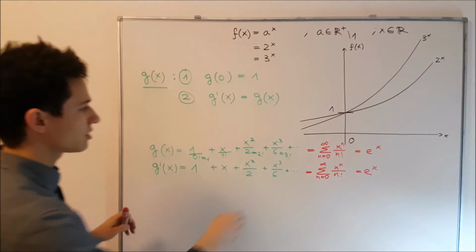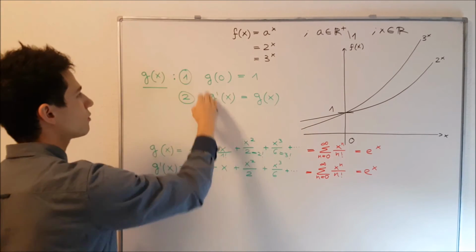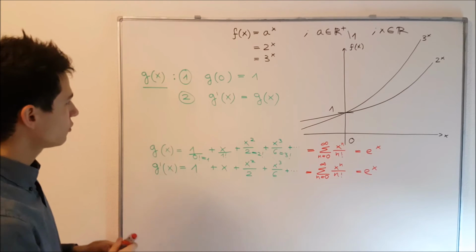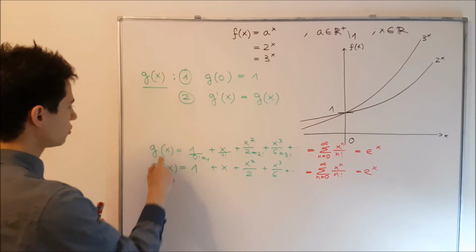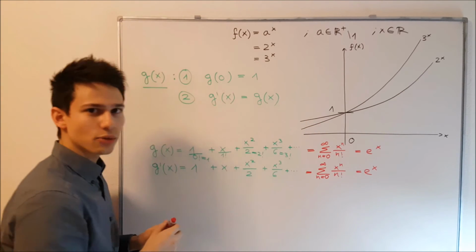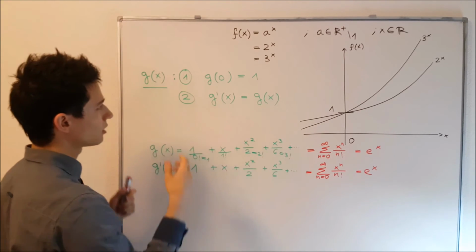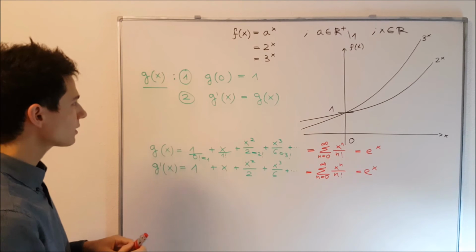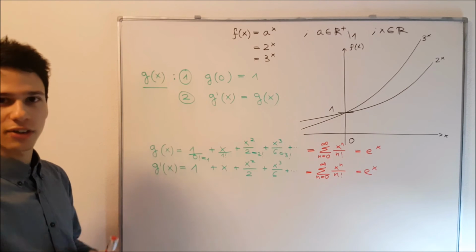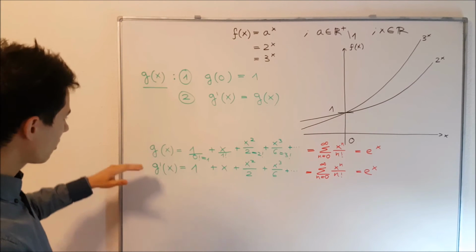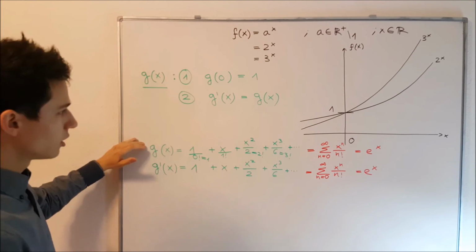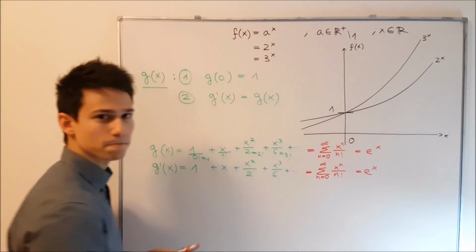And you can see that this function really satisfies both of these conditions. Because if you set the value 0 into g or into this infinite series, what will be left is only 1 because all of these x's will be 0. And the second condition is satisfied as well, obviously, because now the derivative is just equal to the original function.